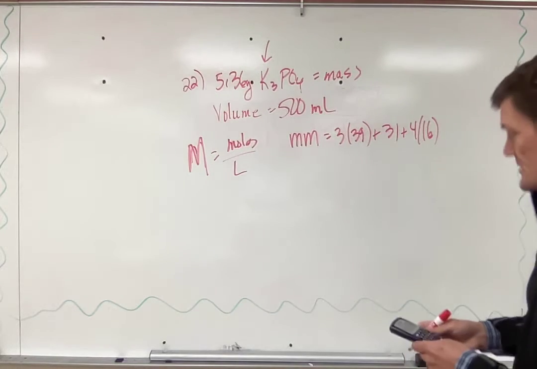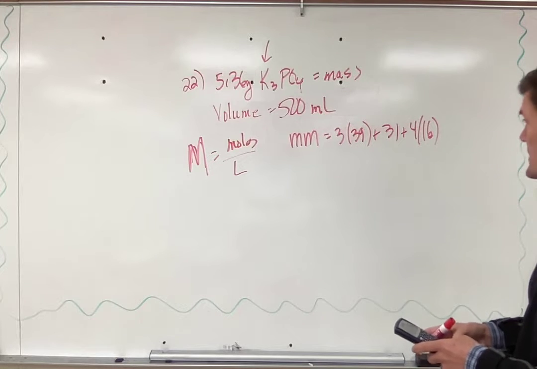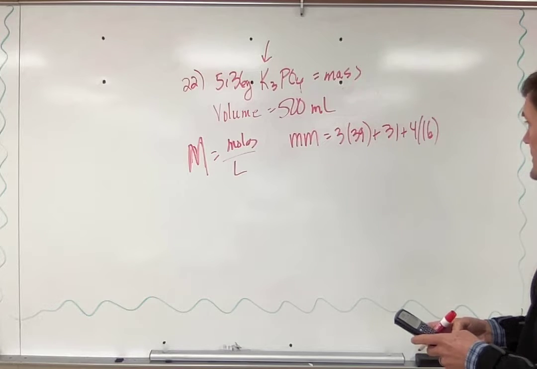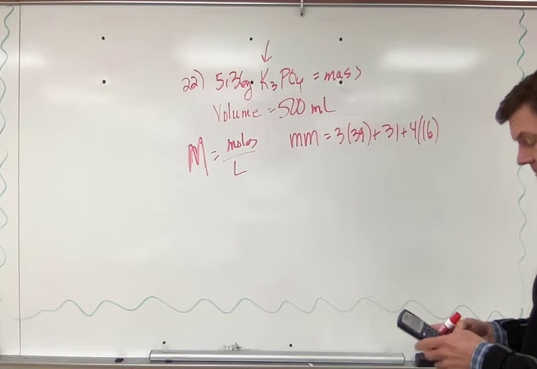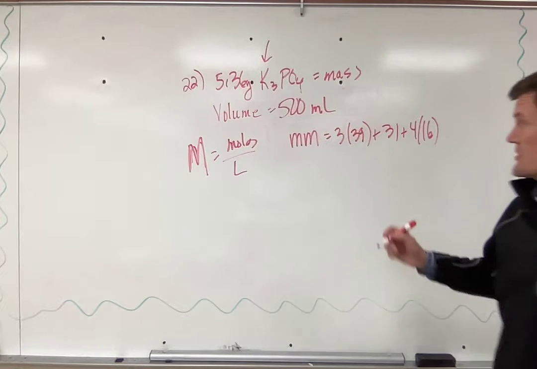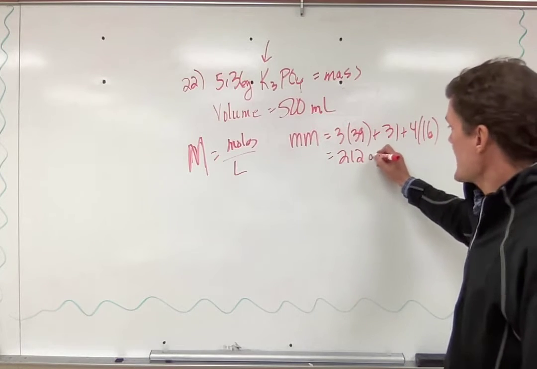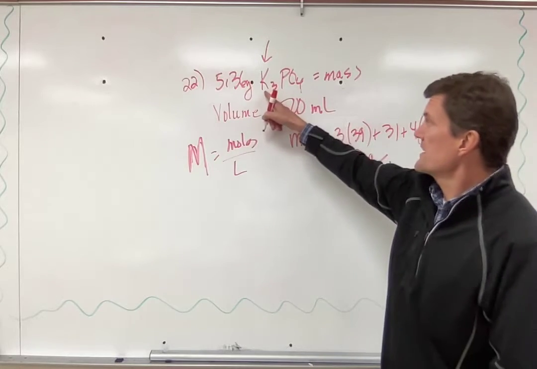So I'm going to do that really quickly. 3 times 39 plus 31 plus 4 times 16. That's 212. So this is 212, and the units are grams for 1 mole. That is the molar mass of K3PO4.